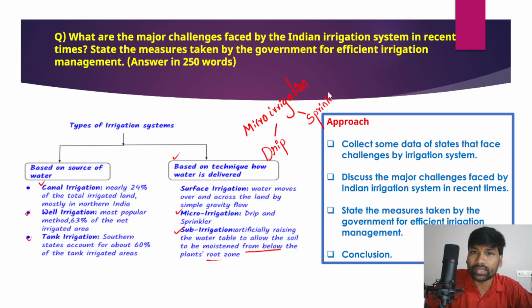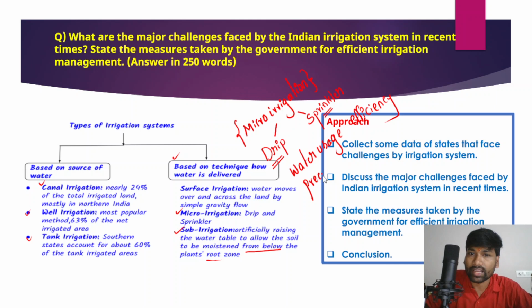Drip irrigation and sprinkler irrigation are two different types of irrigation that come under the micro irrigation techniques. Both result in water usage efficiency, and they also give a fillip to precision farming as a technique.